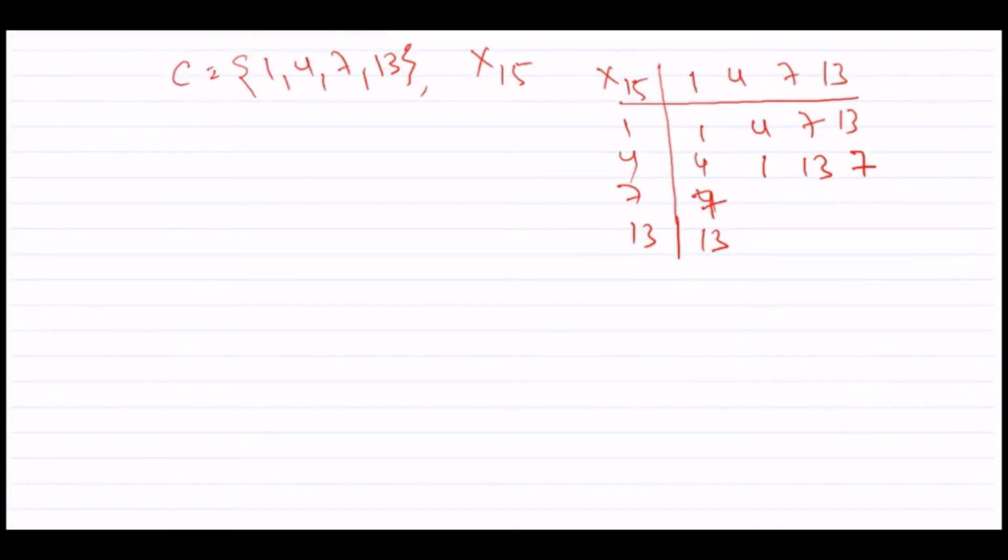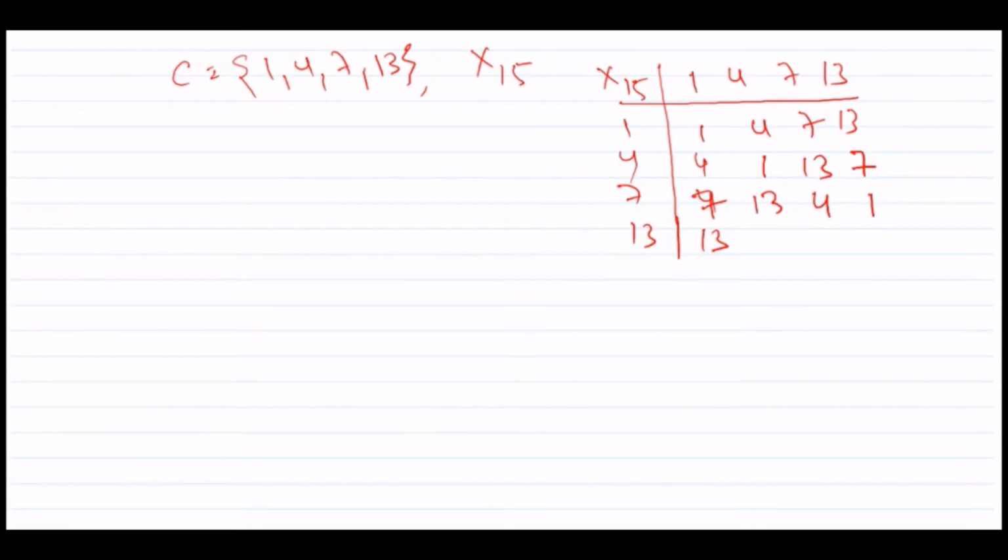Similarly, 7 into 4 is 28, which gives 13. 7 into 7 is 49, and 49 divided by 15 gives us 4. 7 into 13 is 91, and the remainder is 1. Similarly, here also we can write 13.